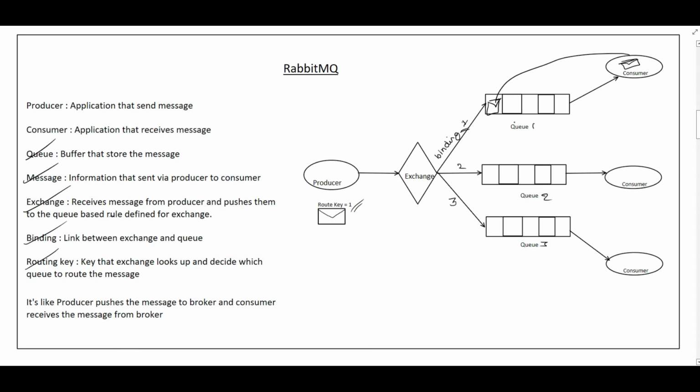So this is how the message is routed from the producer to the consumer. Basically the exchange will look at the routing key defined in the message, and it will match it with the binding key, and it will put that message into the particular queue whose binding key is matching, and from that queue the consumer will consume that message. This is how the flow will work. Next we have a different type of exchange.